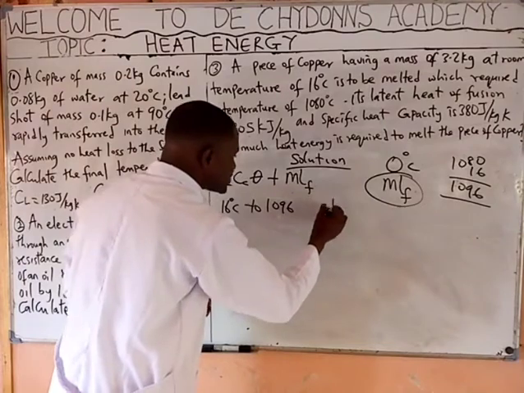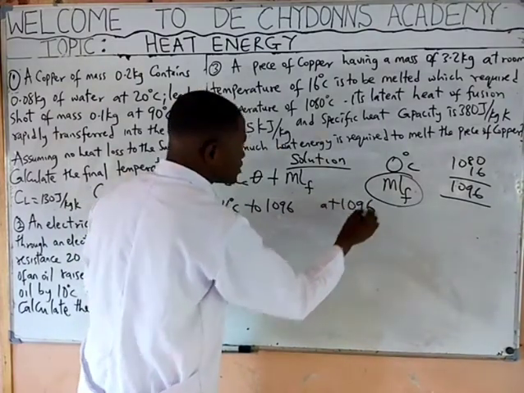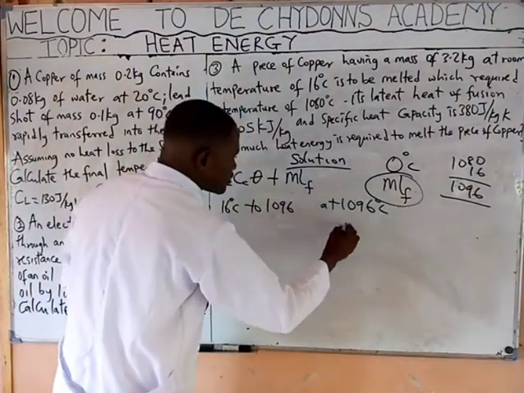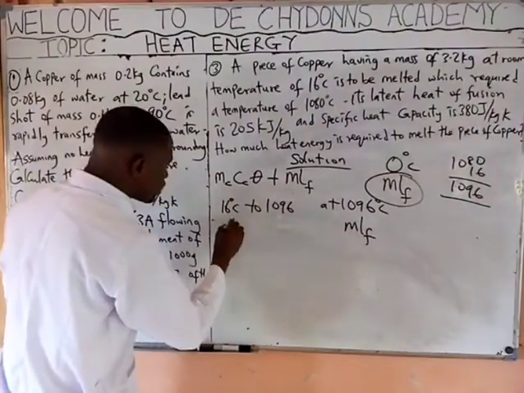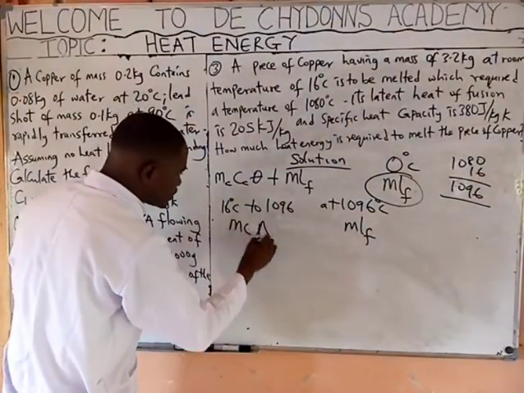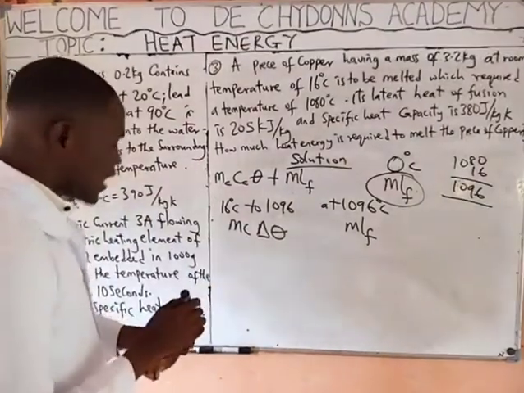Then you say at 1096 degrees Celsius, this mc change in theta will add on it. What are we saying?